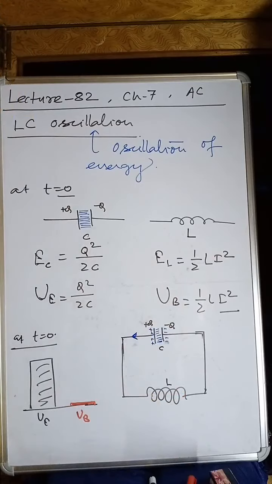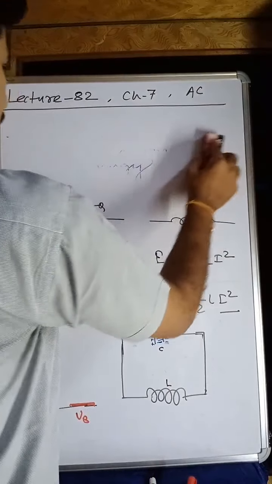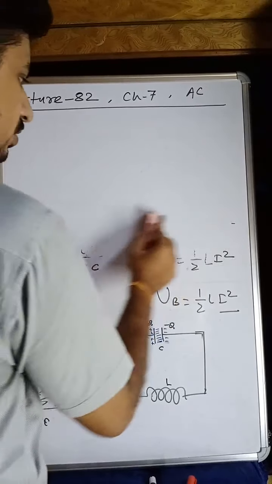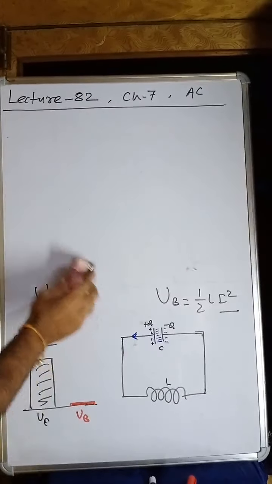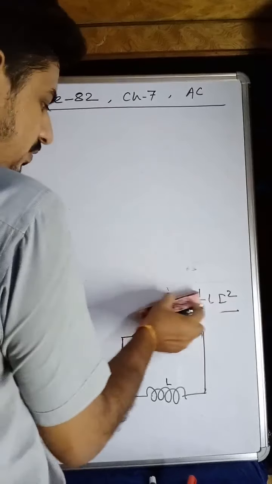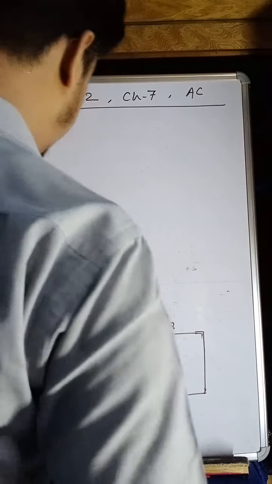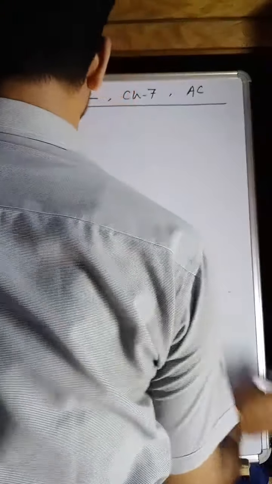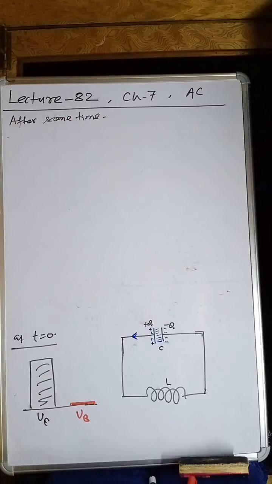But after some time, let me draw the circuit here. After some time, this is case 1, at t = 0, that we have discussed right now. Alright, my dear students, now after some time, what will happen?